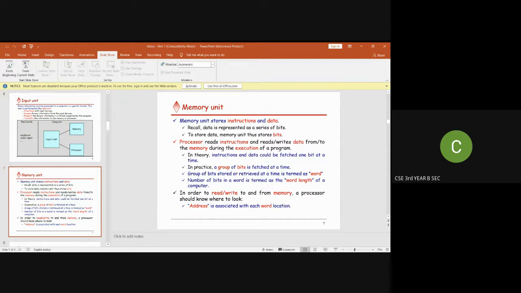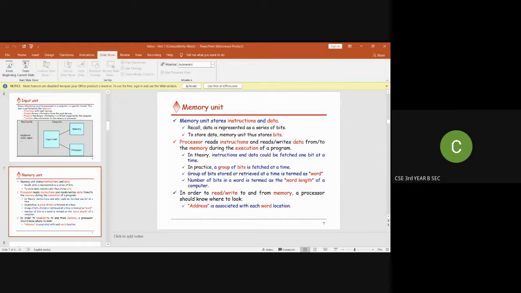If you are using a 32-bit processor, you have to install the 32-bit operating system. If your processor processes 128 bits at a time, you have to use the 128-bit operating system. So the group of bits processed at a time is called a word, and this word length may vary for each computer.